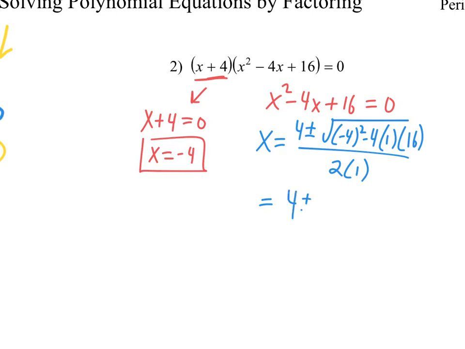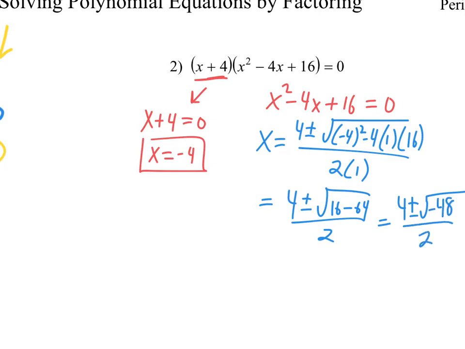So 4 plus and minus, we have negative 4 squared is 16, minus 4 times 1 times 16 should be 64, all over 2. Okay, so then we have 4 plus and minus the square root of negative 48 all over 2. And we do want to reduce these as much as we can.